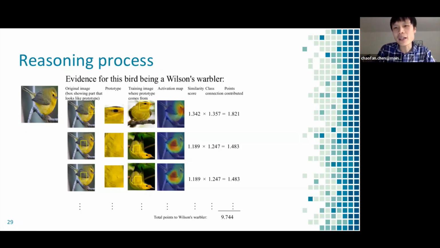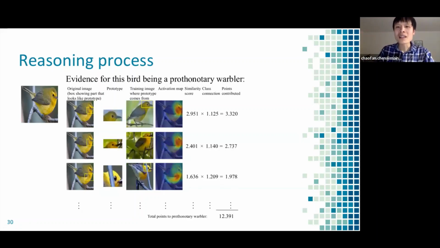And in this particular case, the Wilson's warbler has a similarity score of 9.744, whereas, sorry, this is actually a test image of Wilson's warbler. And for the prothonotary warbler, it actually has a higher score. This is 12.391, because it identifies more similarity between this test image and the prothonotary warbler, which is the wrong class.